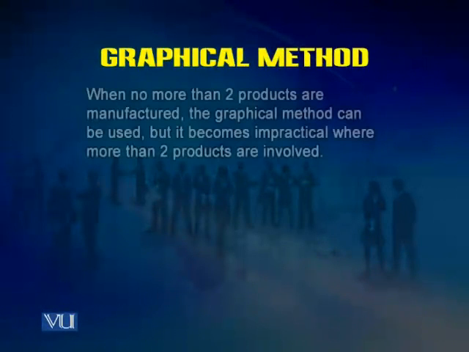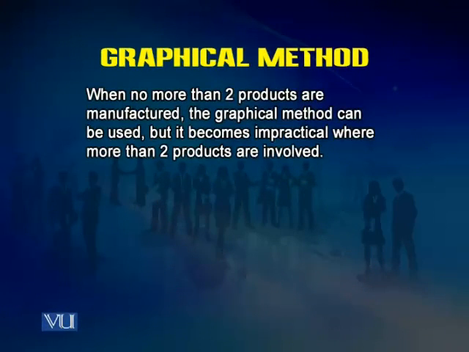Graphical method. When no more than 2 products are manufactured, the graphical method can be used, but it becomes impractical where more than 2 products are involved. So graph is a 2-dimensional thing. One axis is vertical, the other axis is horizontal. You can place 2 products on 2 axes.